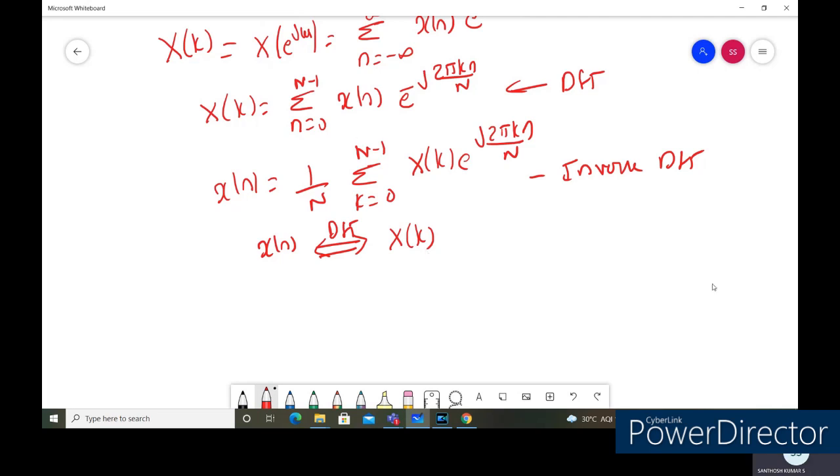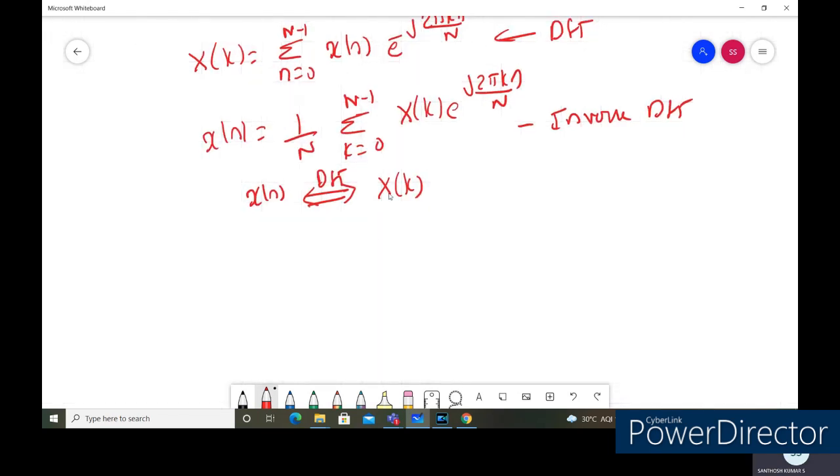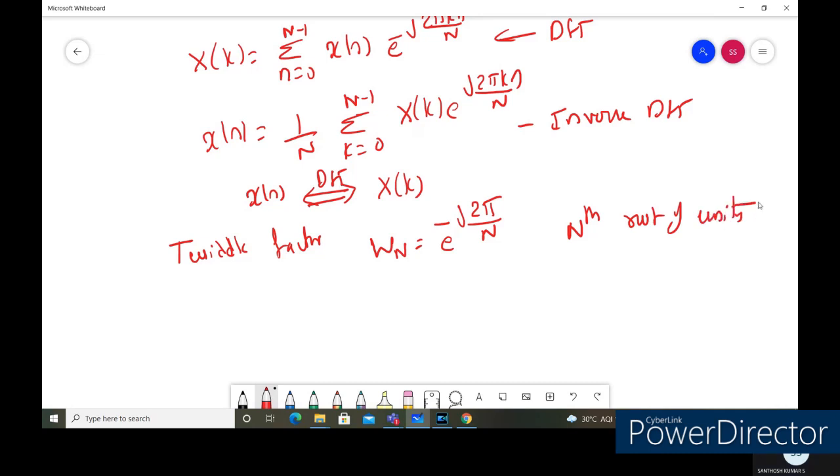Since we are representing in the exponential form, we introduce the Nth root of unity, which is called the twiddle factor, denoted omega N. Omega N is nothing but e to the power of minus j 2 pi divided by capital N. This is called the Nth root of unity, and it is also called the twiddle factor.